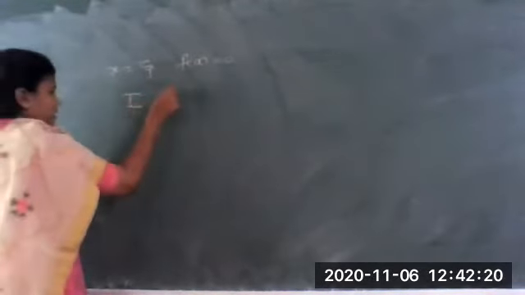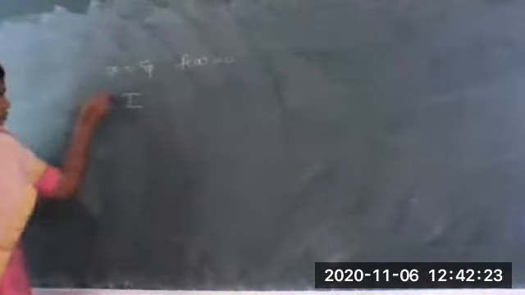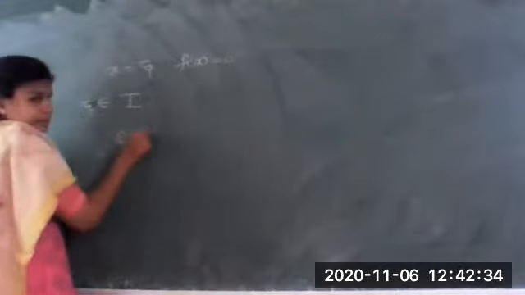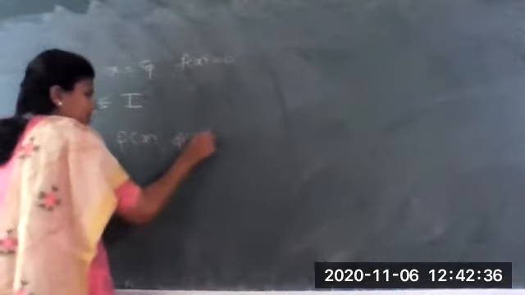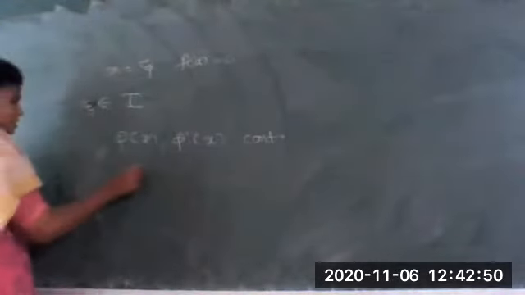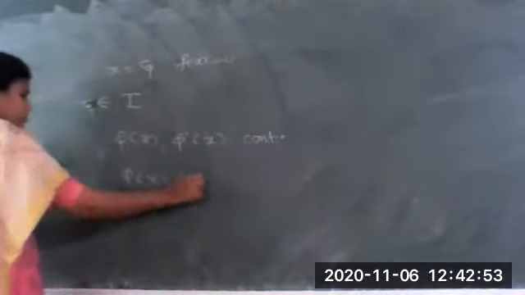Let I be the interval which contains the point x equal to zeta, so we can say zeta belongs to interval I. And phi of x and phi dash of x are continuous functions on the interval I, where phi of x is defined by phi of x equals x.